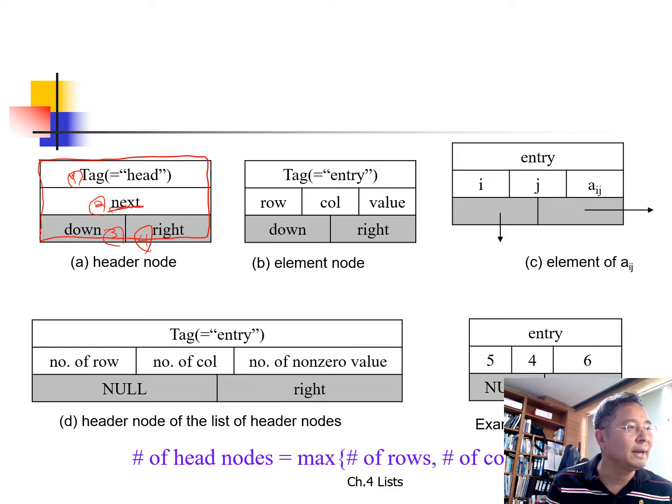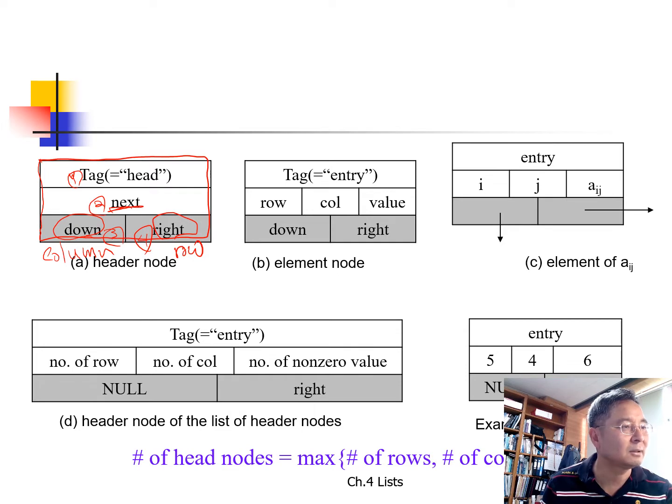The down field is for the column, and the right link field is for the row. So one header node includes both the column link field and the row link field. We need only the maximum of the number of columns and the number of rows, because each header node includes both the column link and the row link.